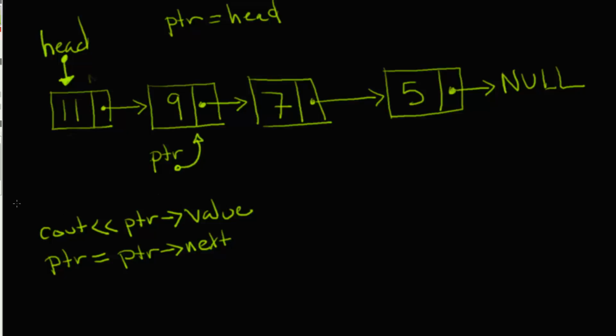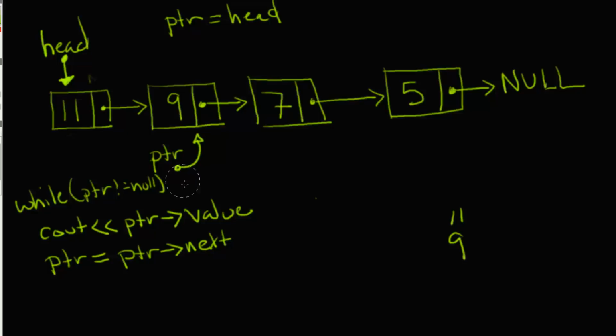And then our while loop was while ptr not null. Right, so ptr is not null here because there's a value. So first I displayed the 11, then the loop runs again, and I display 9, and then I reassign ptr to ptr next.